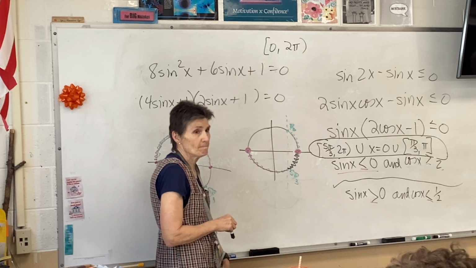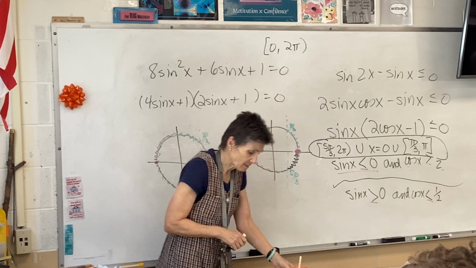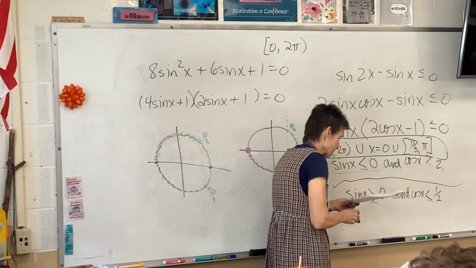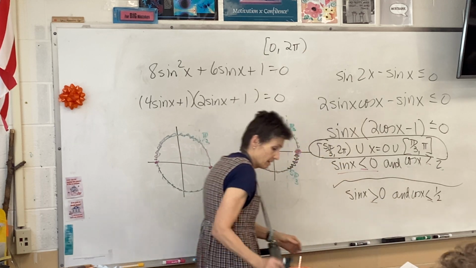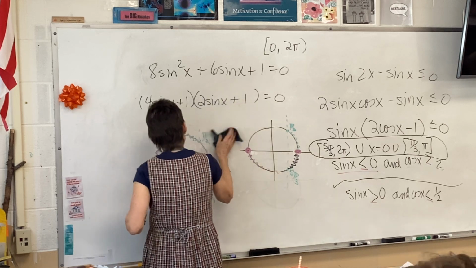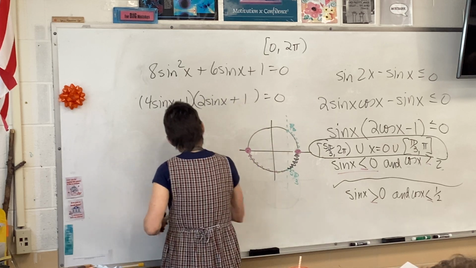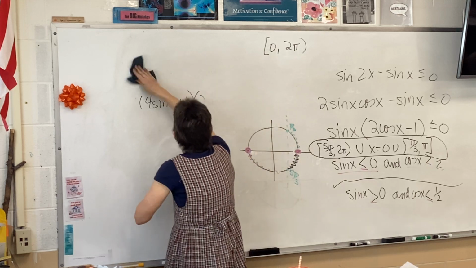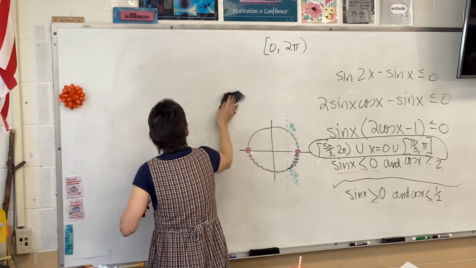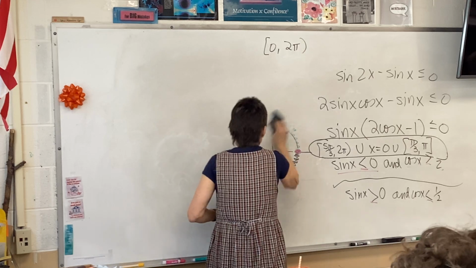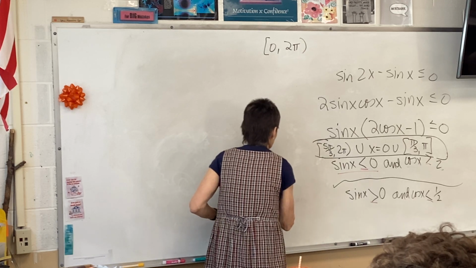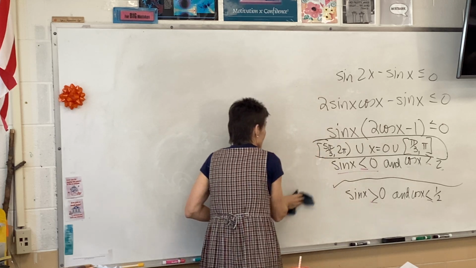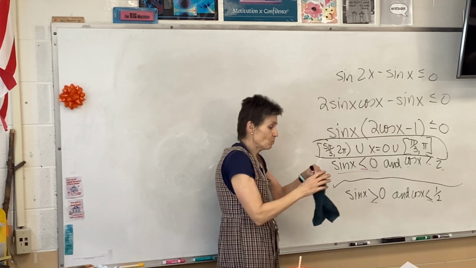All right, we good? Now we got some, what should be easy. What is the tangent of 3 pi over 4? Negative 1. How do we know that?